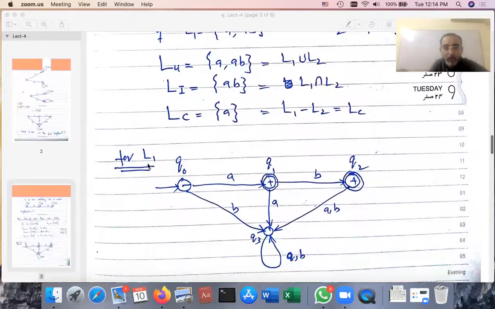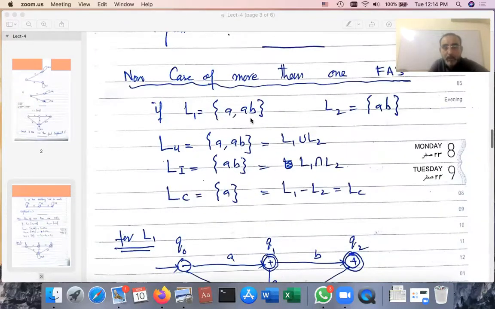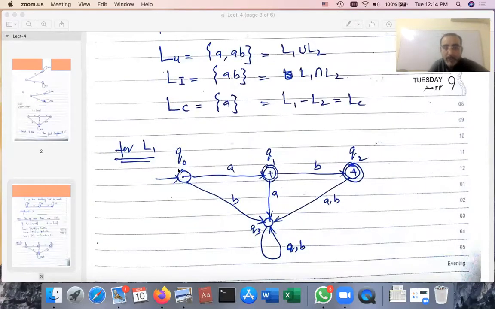So this is for L1. Now we are going to draw the DFA for this language. L1 is equal to A comma AB. So it means it can accept strings as only A or AB. So this is the initial state represented with Q0. If I take A, then I will reach the acceptance state, which is Q1.